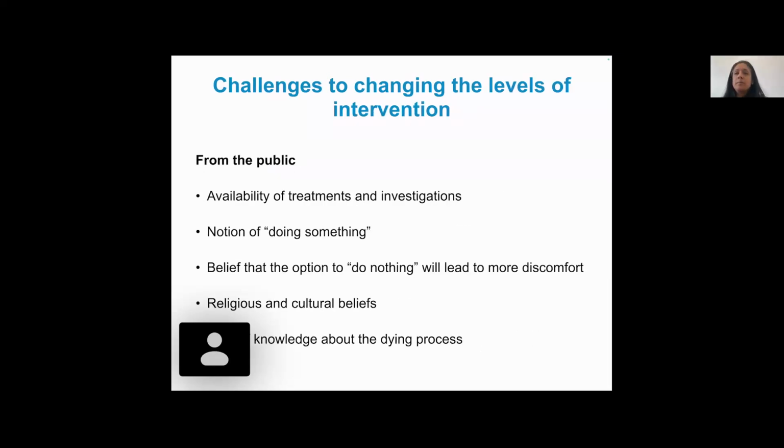The public or people in your life may feel differently as well. And every person takes opinion differently. Some people are very good at saying, thank you for your opinion, but no thank you. And some people have very large relationship groups and everybody's got an opinion. So if there's availability of treatments, and you've heard about many, including lung transplantation from Dr. Wilson just now, just because it's available doesn't mean that you have to pursue that option ever.